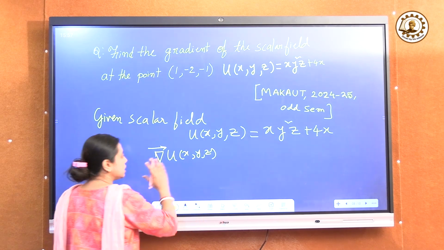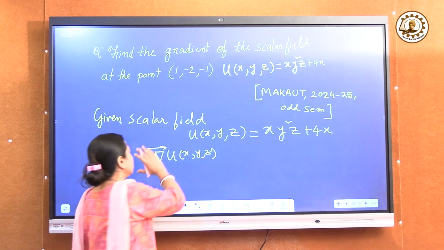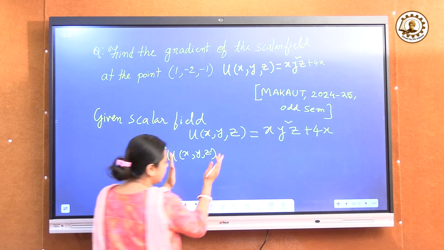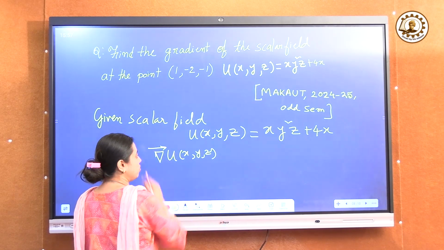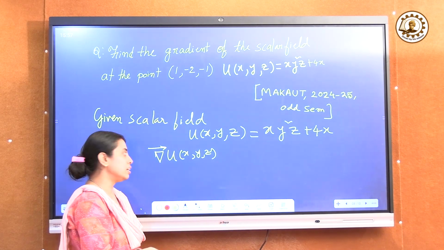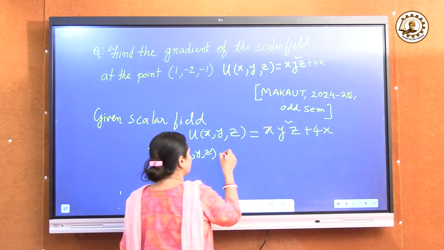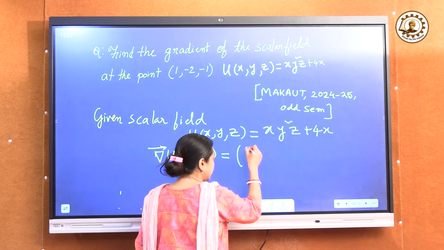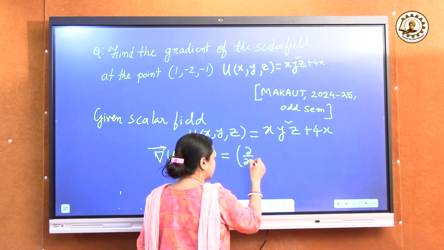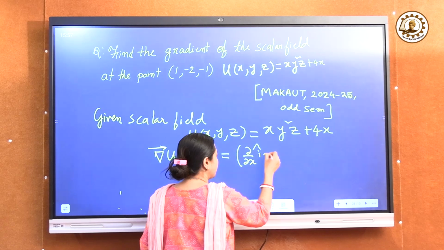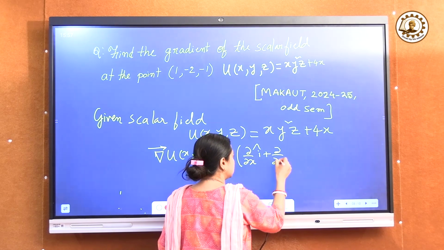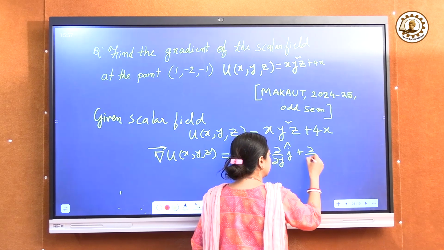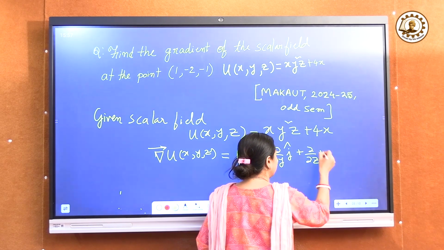So, it's just a multiplication of a vector with the scalar. I am converting this U of x y z to a vector, so we are taking the gradient. So now how to write this? I have to expand this operator as del x i cap plus del y j cap plus del z k cap.